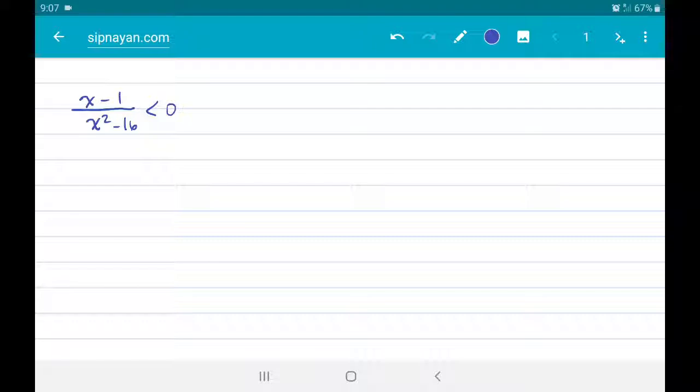So, tignan natin. Okay, for the critical values, we have for the numerator, x minus 1 is equal to 0, which means that x is equal to 1.